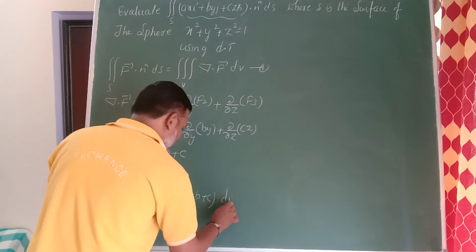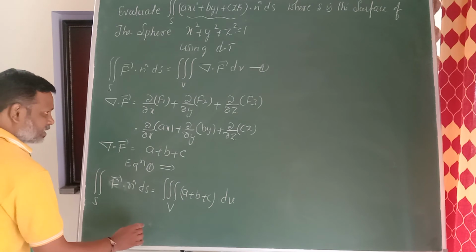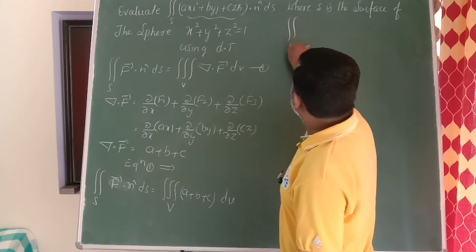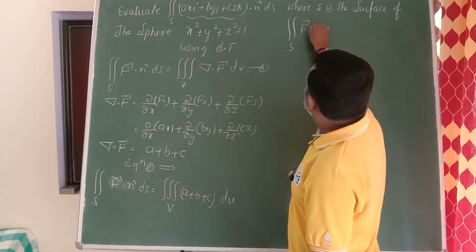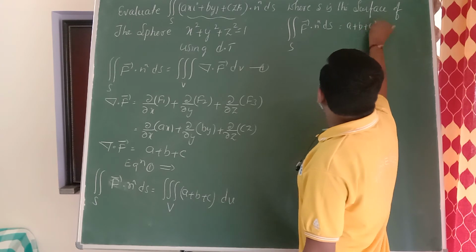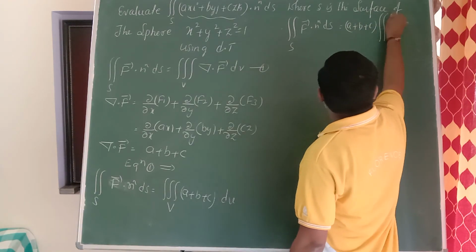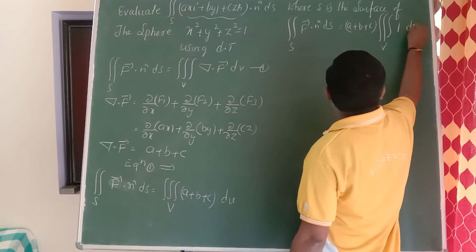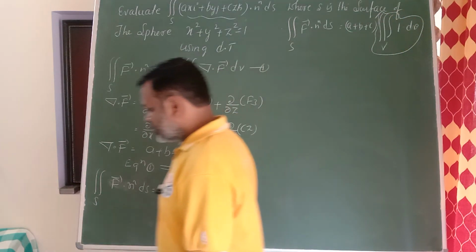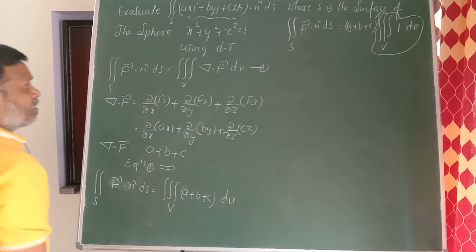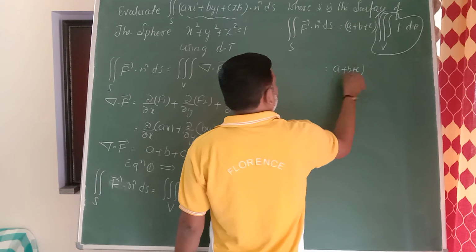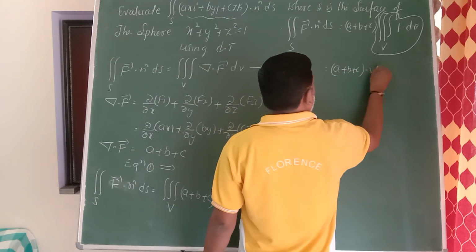Here a plus b plus c is a constant, so we can take it outside, and the remaining thing is a volume integral over 1 into dV, which is nothing but the volume of the sphere.